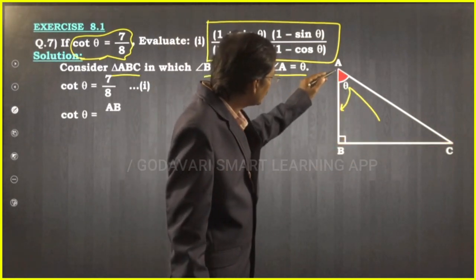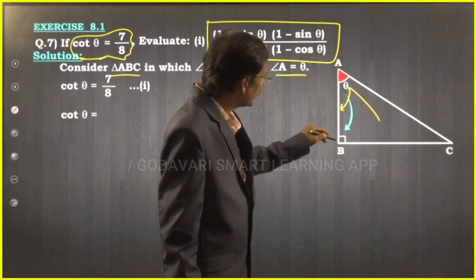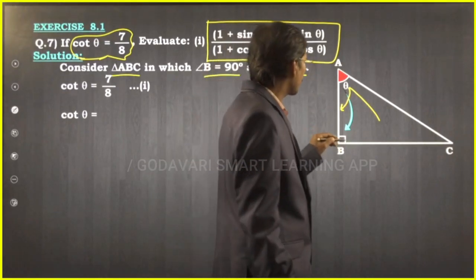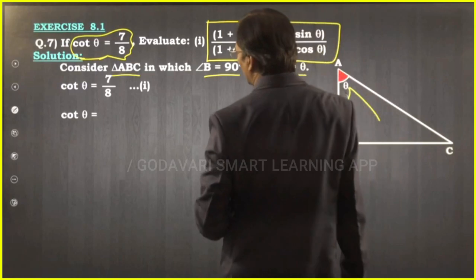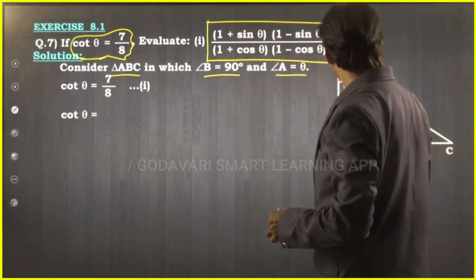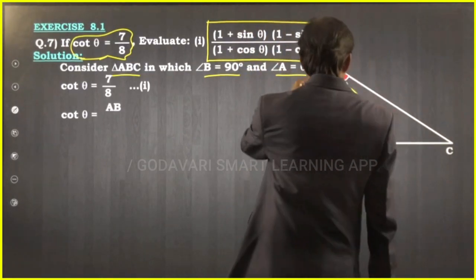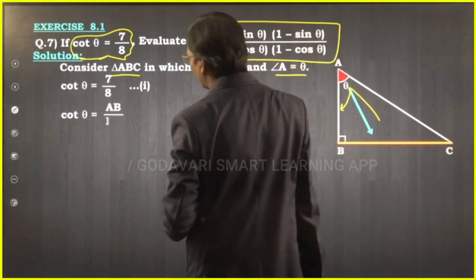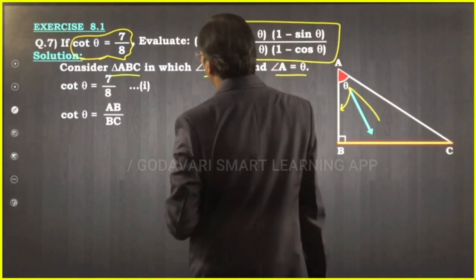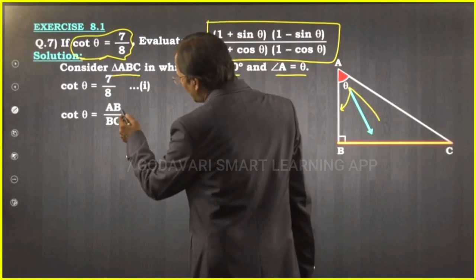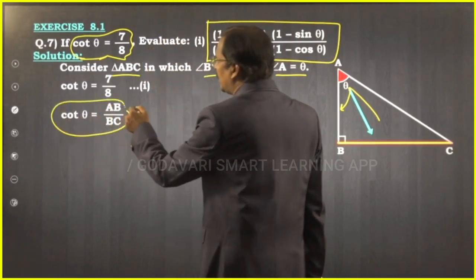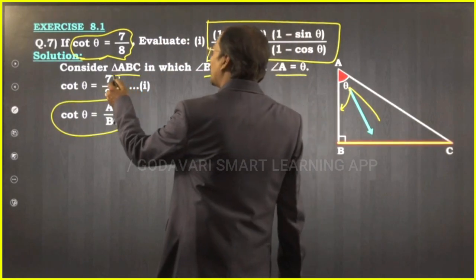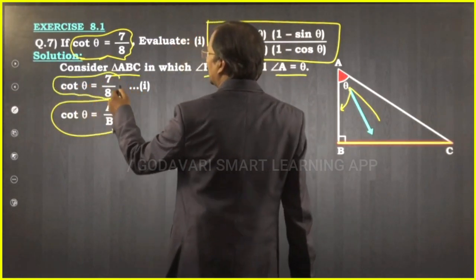Adjacent side is AB, opposite side is BC. Now cot theta is equal to AB adjacent side by opposite side BC. So from the diagram, cot theta is equal to AB by BC. But in our problem, given cot theta is equal to 7 by 8.